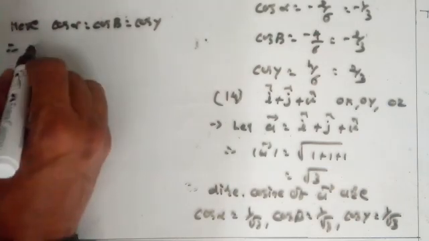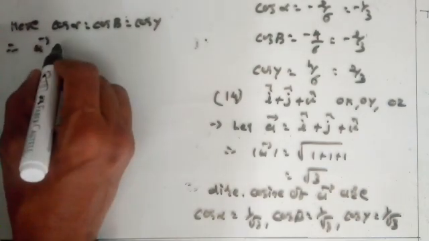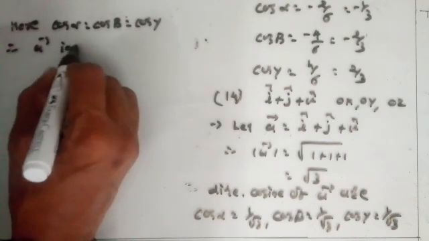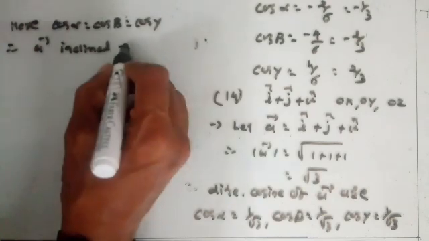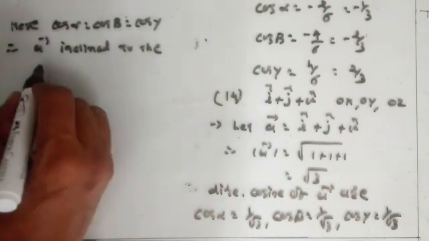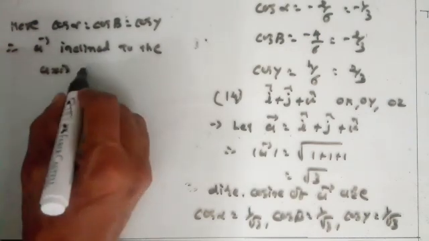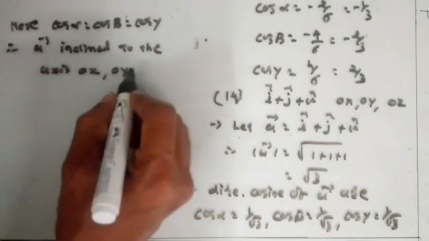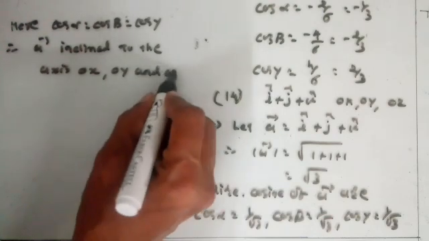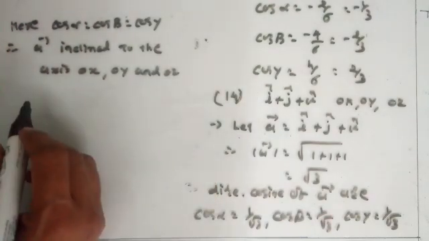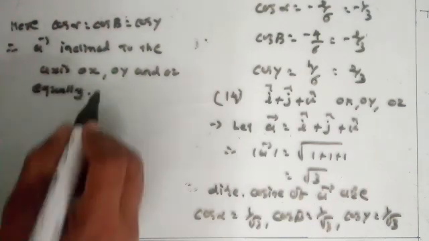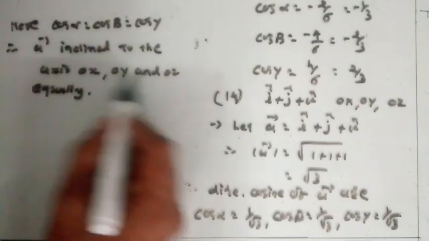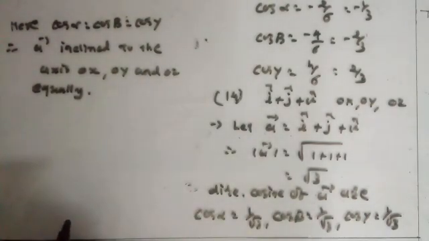Therefore a is equally inclined to the axes ox, oy and oz. Clear?